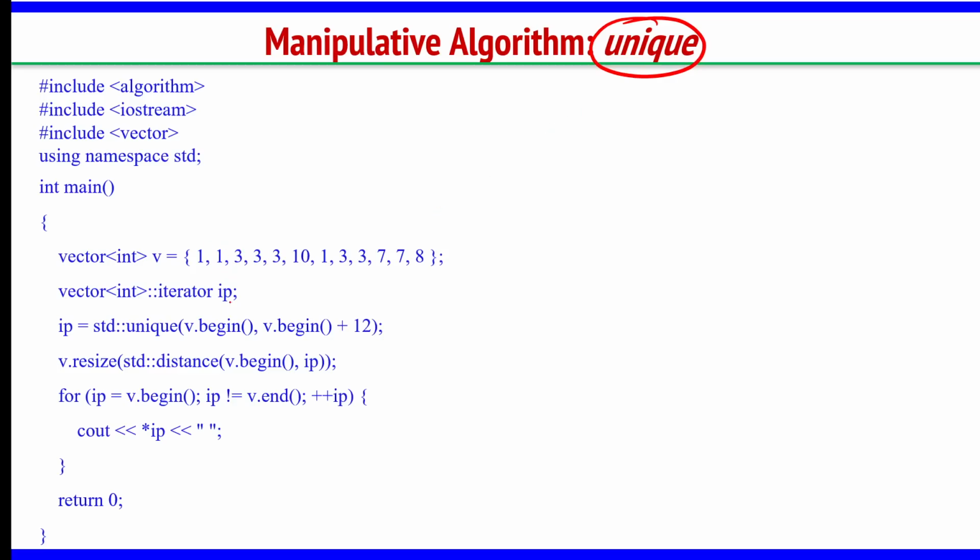See, the output of this program after writing unique will be 1, then 1 3, then 10, then 1, then 3 7 8. You may ask me, sir, 3 is repeated here and here. No, only wherever they are consecutive, there it reduces.